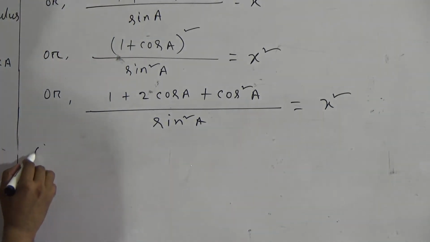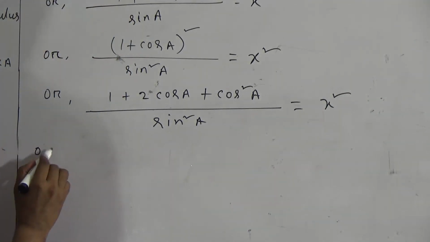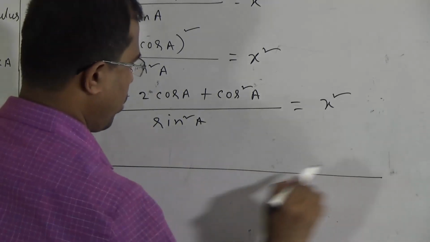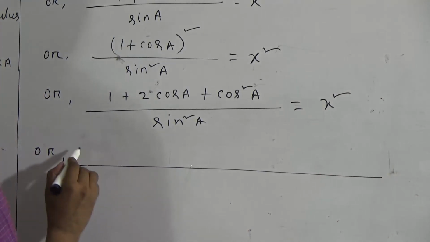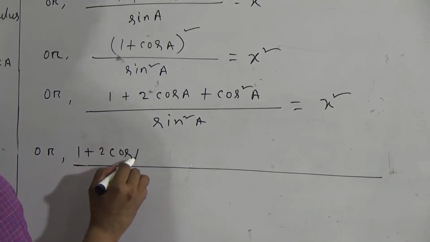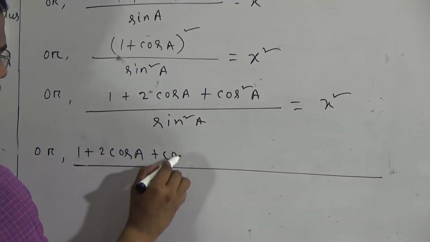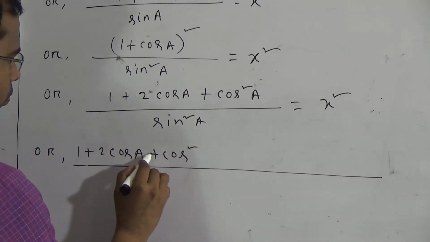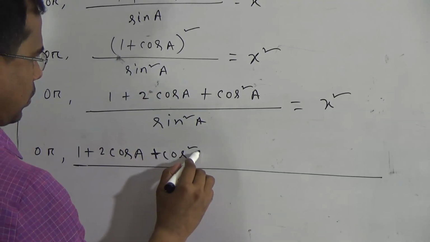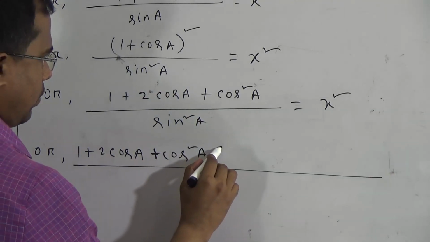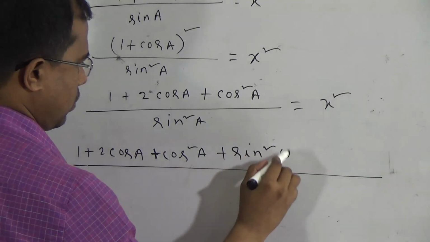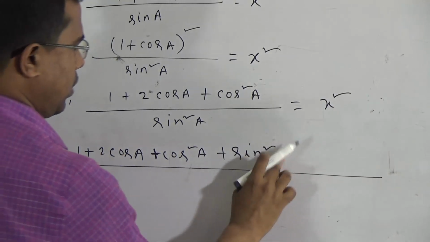Now by componendo and dividendo we can write 1 plus 2 cos A plus cos square A, and here we will write plus sin square A. Sorry, it will be A, not theta.